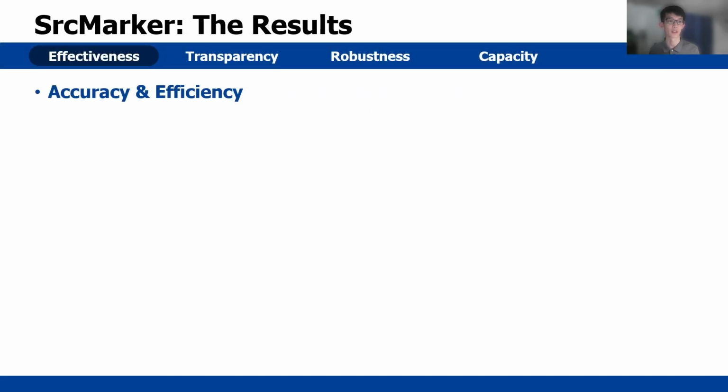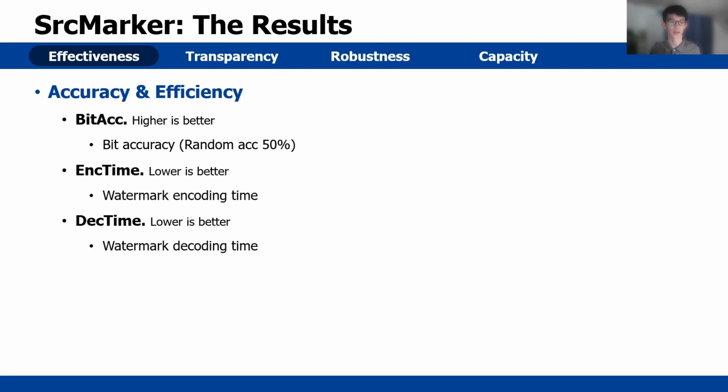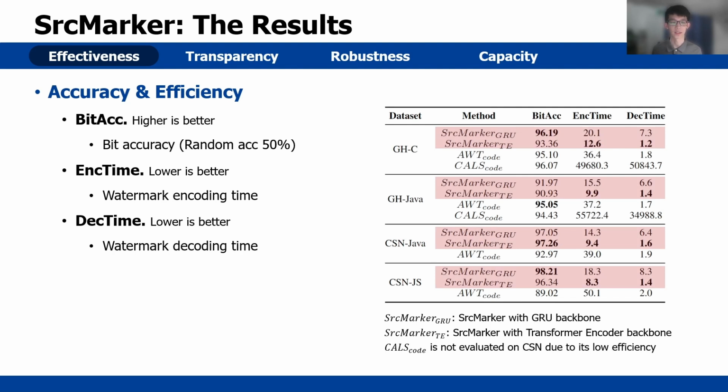And we will start from the function-level watermarking setup. The effectiveness evaluation covers accuracy and efficiency, measured by bitwise accuracy and the encoding and decoding time of the watermark, respectively. Results here show that our method achieves comparable performance with the baselines in these aspects.